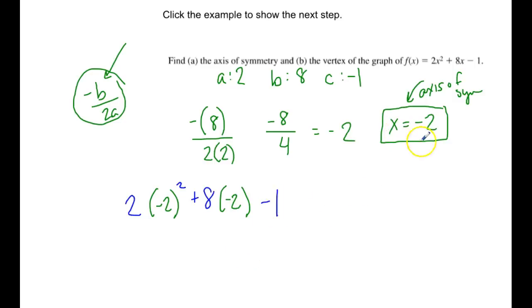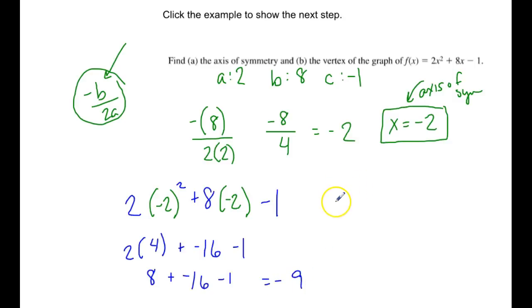So all I've done is I've taken this x that we found and plugged it into my original equation. So now I know I've got 2, and a negative 2 squared is 4. 8 times a negative 2 is negative 16 minus 1. So now I'm going to go ahead and multiply here. So 8 plus a negative 16 minus 1. 8 minus 16 is negative 8, minus 1 is negative 9.